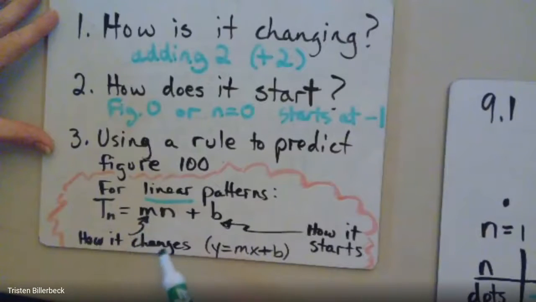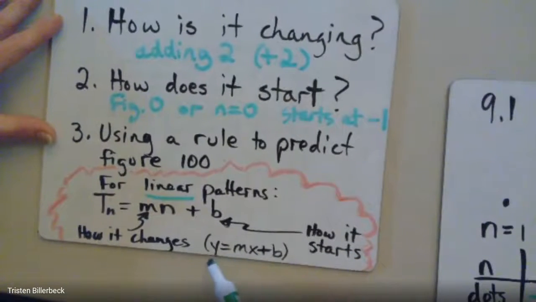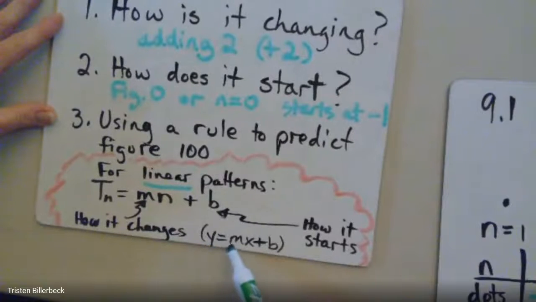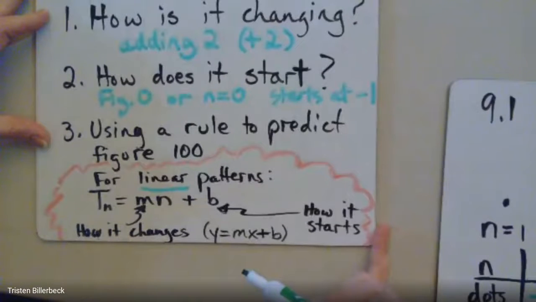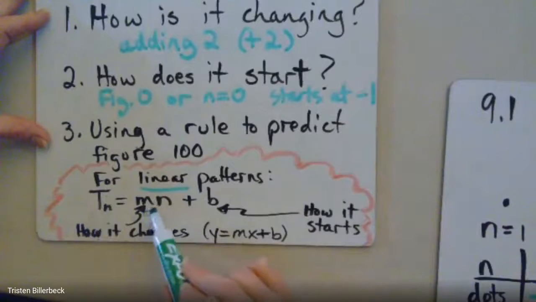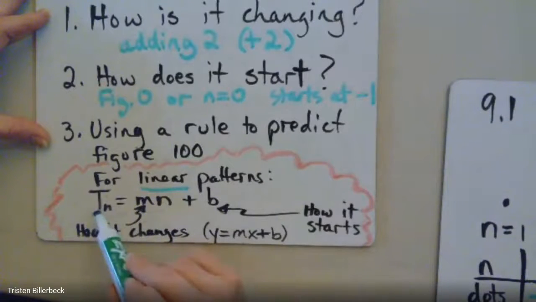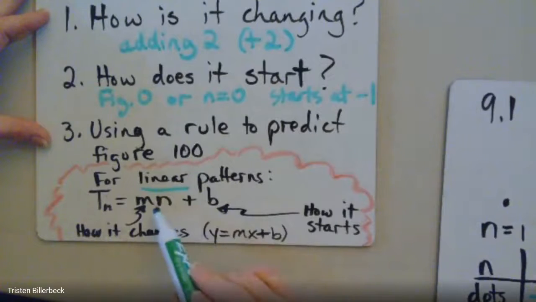So m is how it's changing. b is how it starts. So you may have seen this formula y equals mx plus b before, which is the slope-intercept form of a linear equation. So I'm just modeling that with a few different variables, tn and n. So tn is the same as y, n is the same as x.